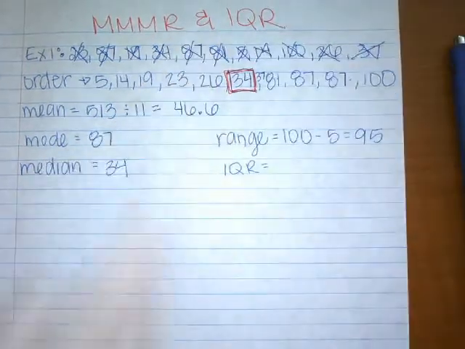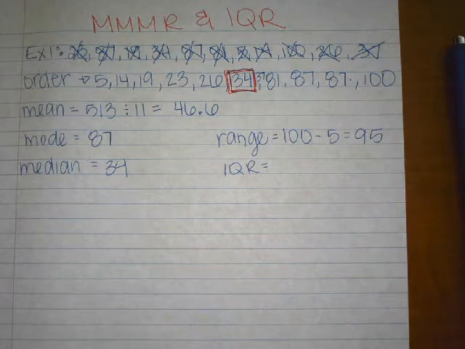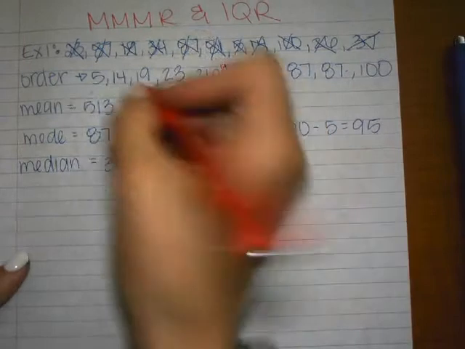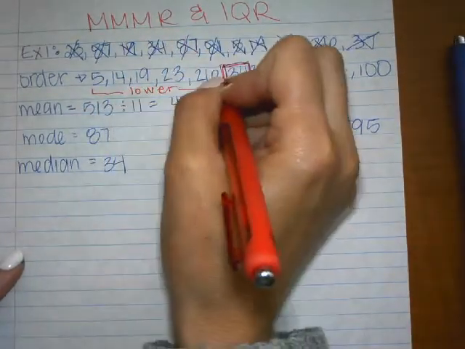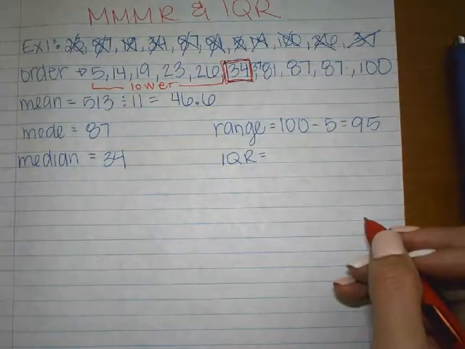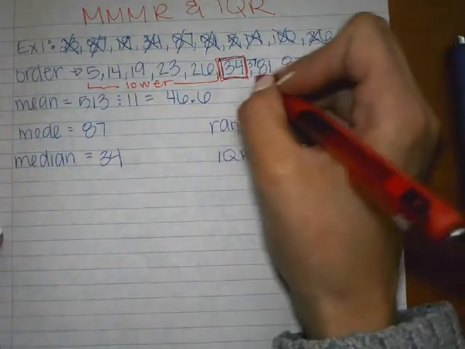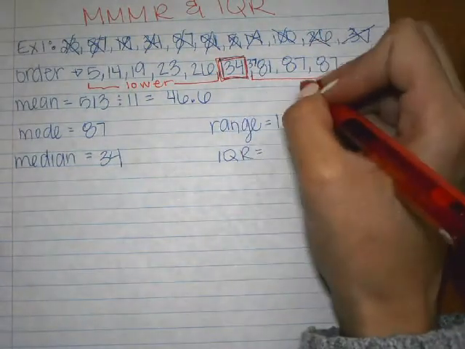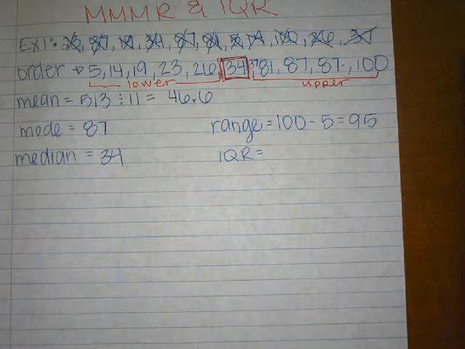So if your number is your middle number in the set of numbers that you have, circle it. Then, by circling it, do you see how it gives you a lower set, meaning a smaller set of numbers, and an upper set of numbers?